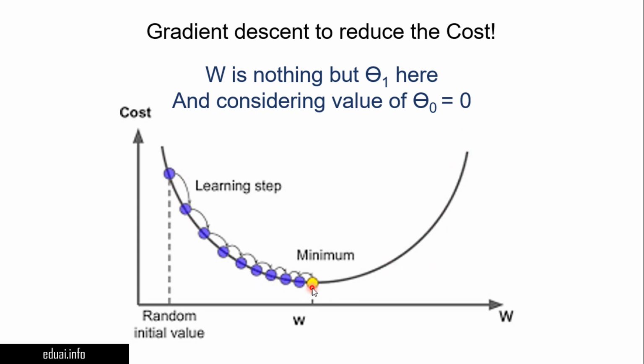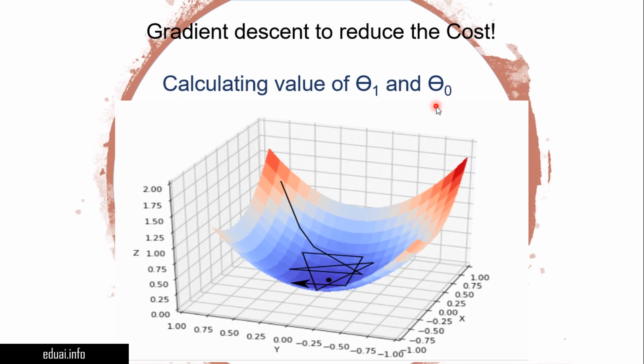This is what the curve will look like. If I try to provide a different value now, the cost will again start increasing. So ultimately we keep comparing the previous values that have been given, and based on that, gradient descent chooses the value of theta 1 and calculates the cost. If I visualize this gradient descent for theta 0 and theta 1, this is how it will look. We'll get a bowl shaped curve, where we have x, y and z.